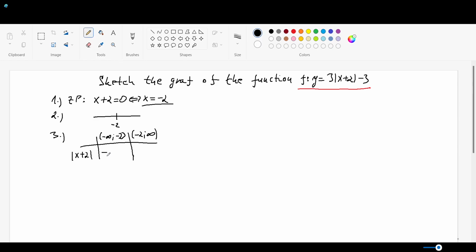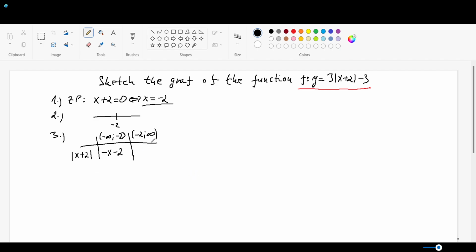So basically it becomes negative x minus 2. Where does it come from? As we said, this must be the opposite expression of the expression in absolute value. So opposite means you just put a negative sign in front of the expression, and when you get rid of the parentheses it will become negative x minus 2.